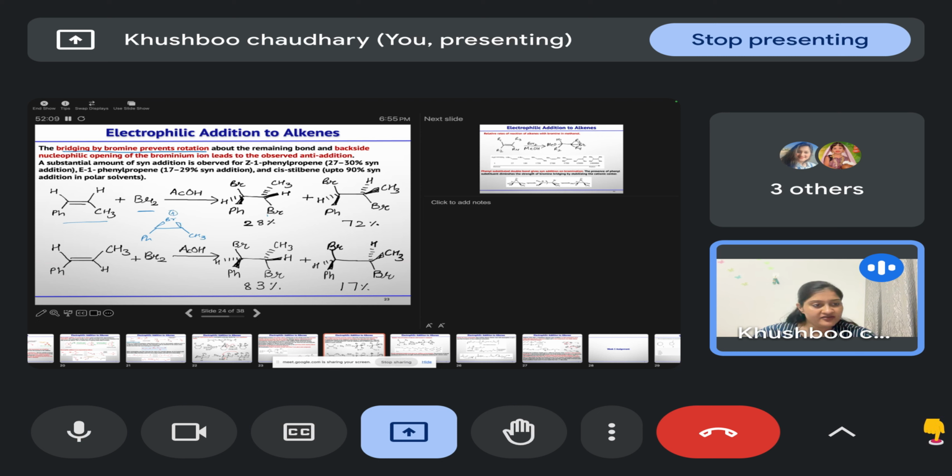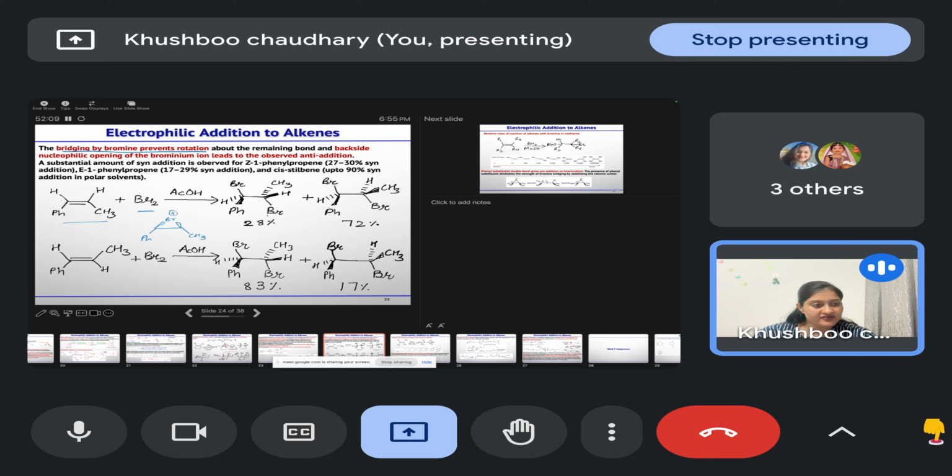So it will break in such a way that the carbocation generated next to the phenyl ring is more stable. So the upcoming bromide ion will come to that side where the carbocation is stable, that is next to the phenyl. So in this case, one of the products is 72%, the other is 28%.